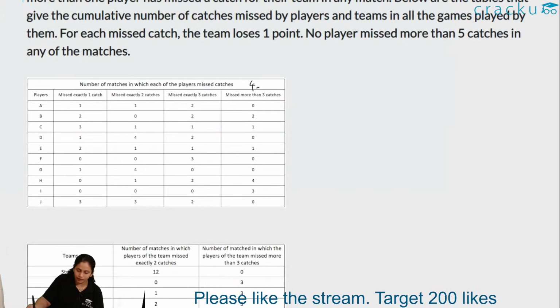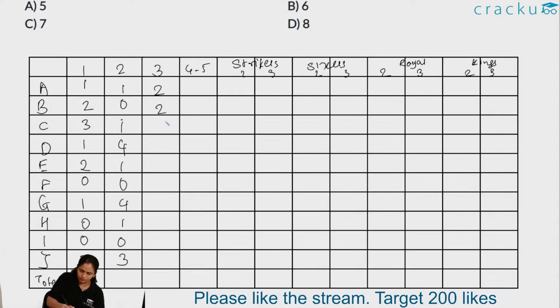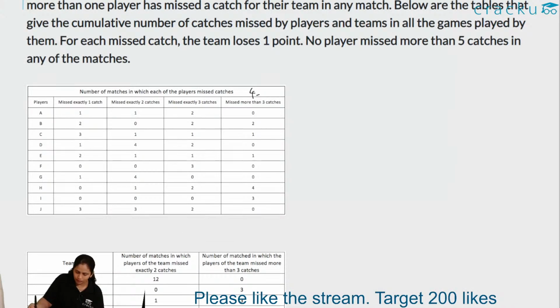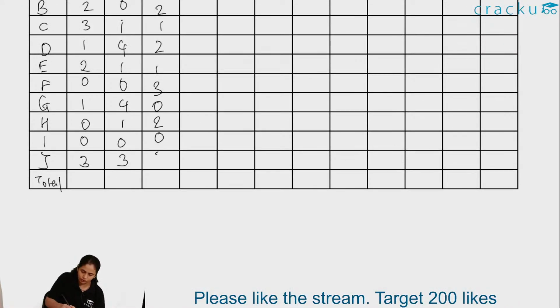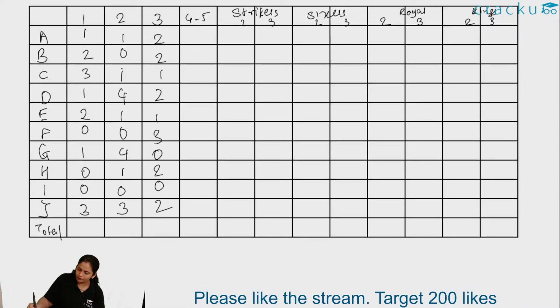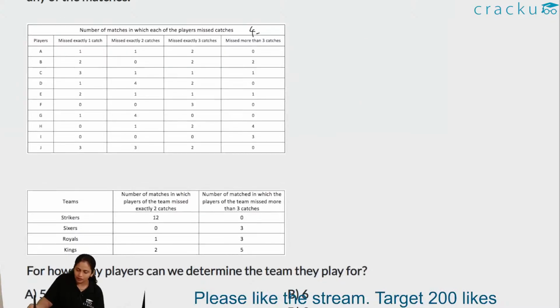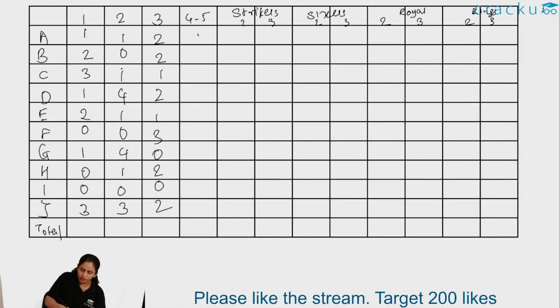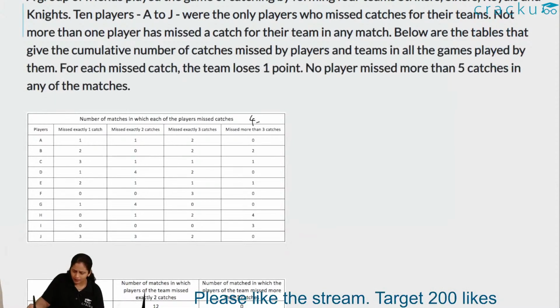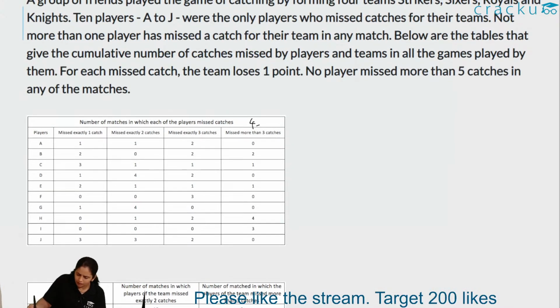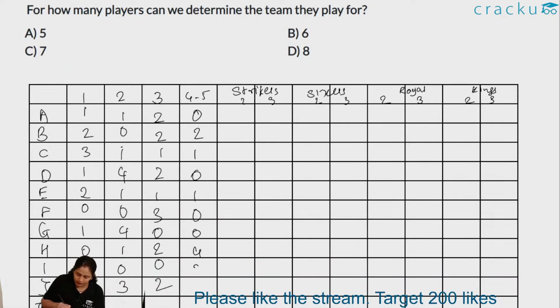For the third one, you have 2 2 1 2 1 3. Then you have 0 2 0 2. Okay. The last one you have 0 2 1 0 1 0, and you have 0 4 3 and 0.